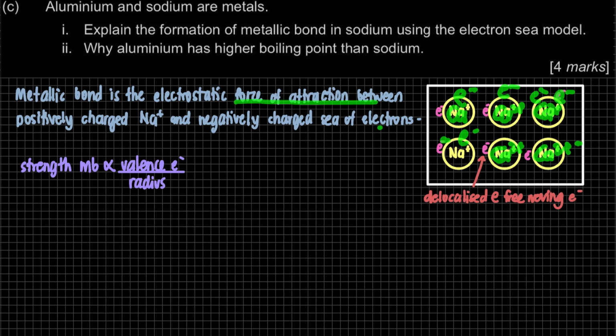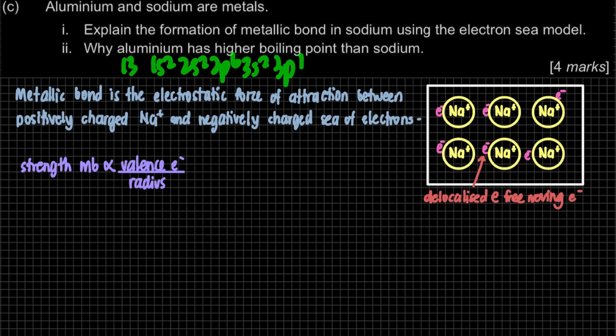So how do we state it between aluminium and sodium? Based on the electronic configuration, aluminium is 13: 1s2, 2s2, 2p6, 3s2, 3p1. Sodium is 11: 1s2, 2s2, 2p6, 3s1. So the difference is actually the valence electrons.